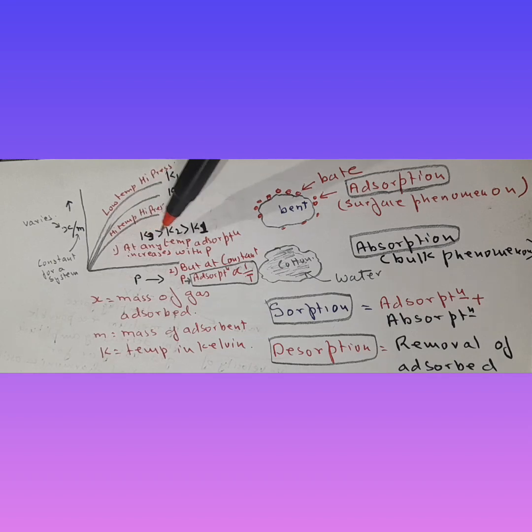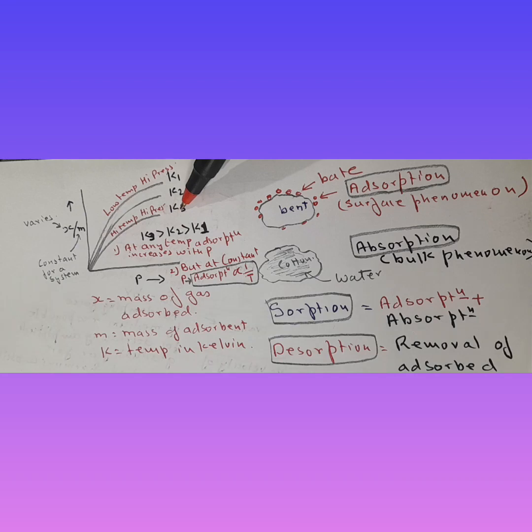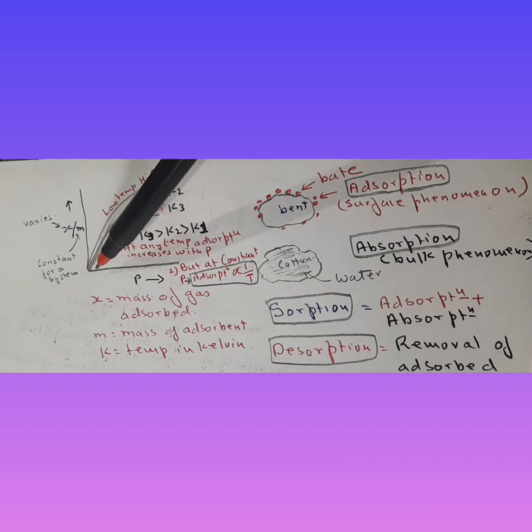K3 is the highest temperature, K2 is lower, and K1 is the lowest temperature. That's what I mentioned over here: K3 greater than K2 greater than K1, where I represent temperature as K, since Kelvin, as my letter.